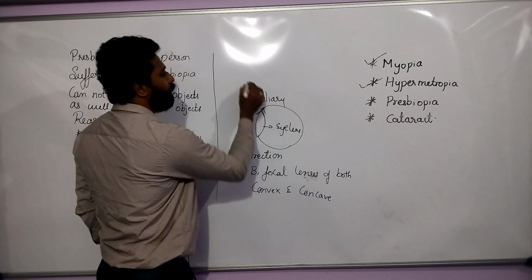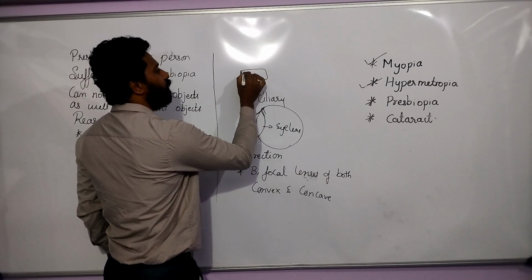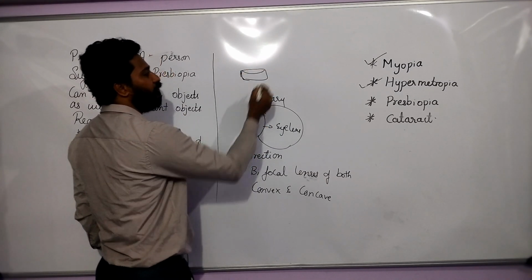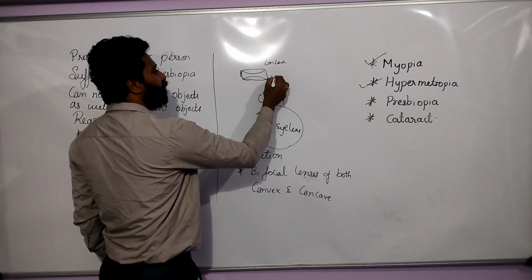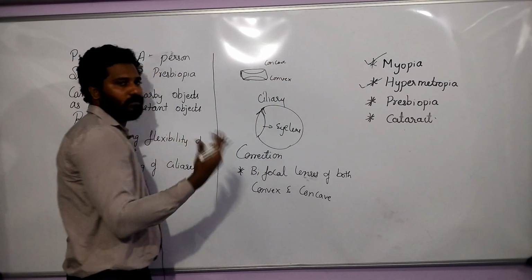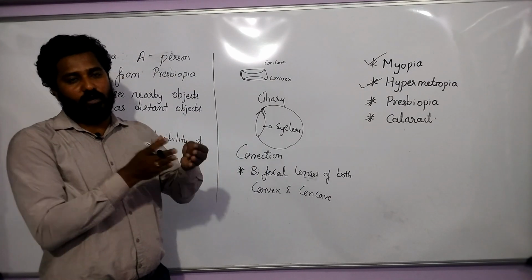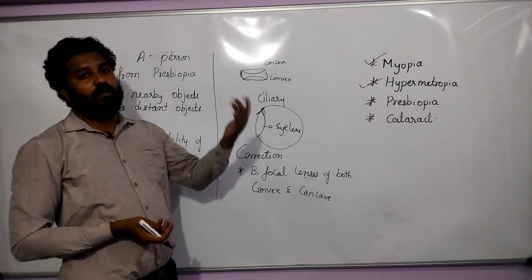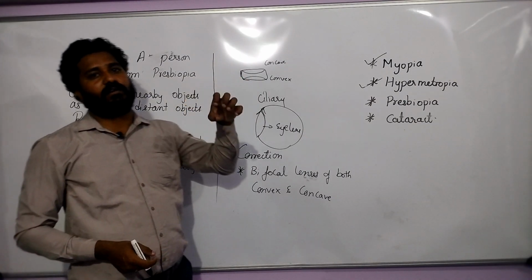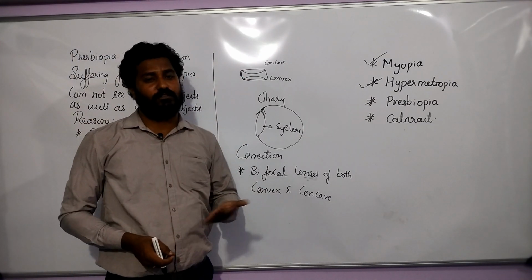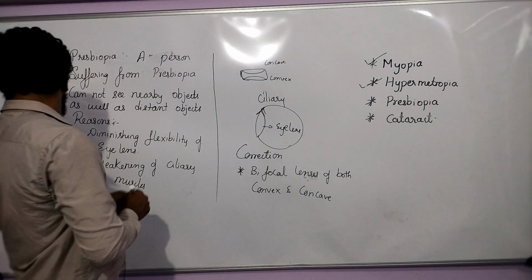In your specs, the upper part will be concave and sometimes the lower part will be convex, or the other way around. You can use whichever you need depending on the defect you have. So using both lenses, we can correct the defect by using bifocal lenses of both convex and concave. So this is about presbyopia.